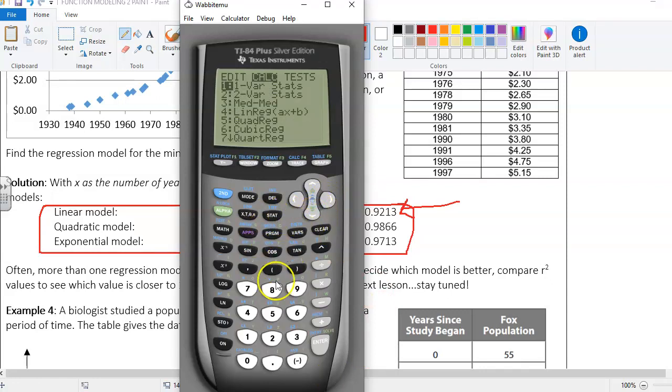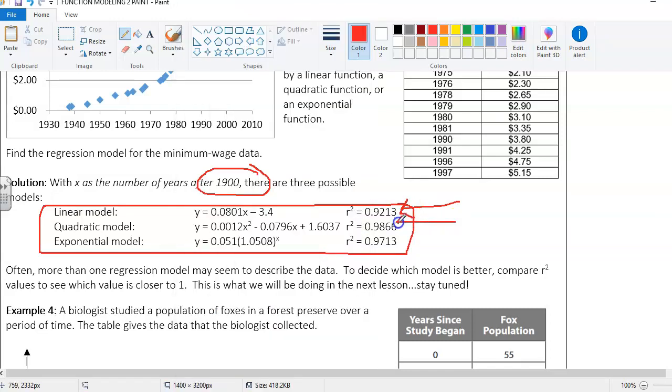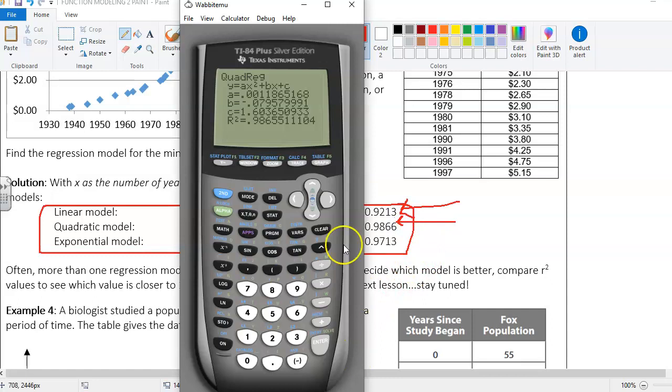Go back here, let's make a new one. The quadratic model had an r squared value of 0.987. And the exponential model, if you go back here and you do one more, the exponential model, that's all the way down, exponential.